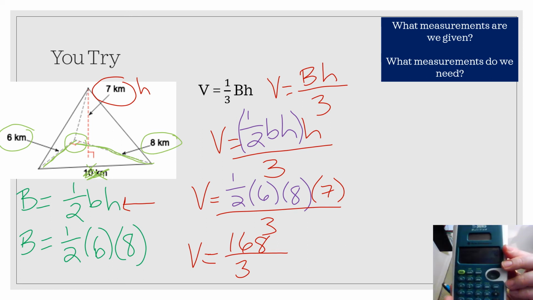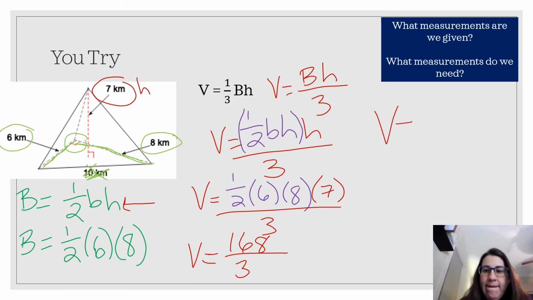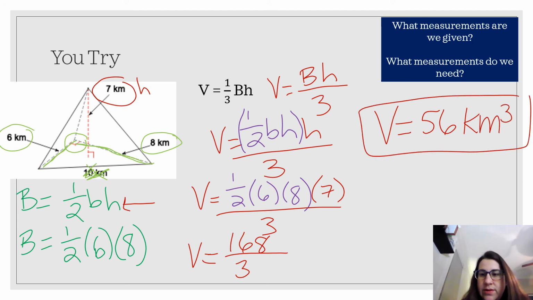So I get 56. And my volume is 56 kilometers cubed. All right. Hopefully that made sense. If not, email me.